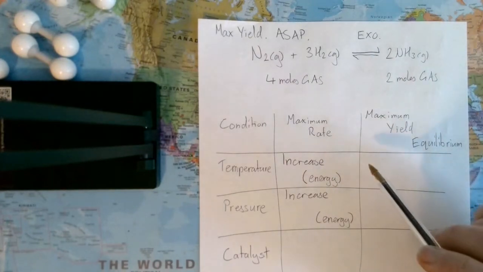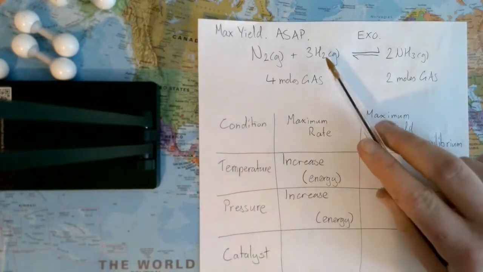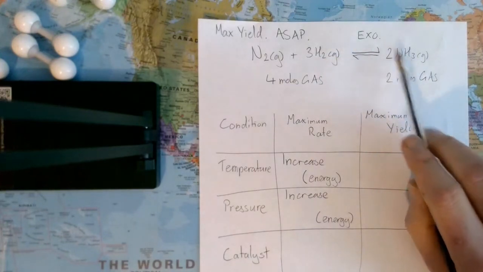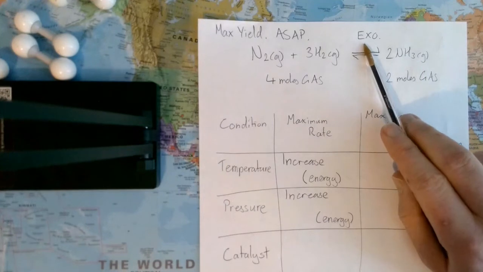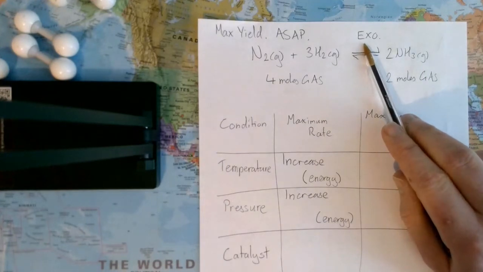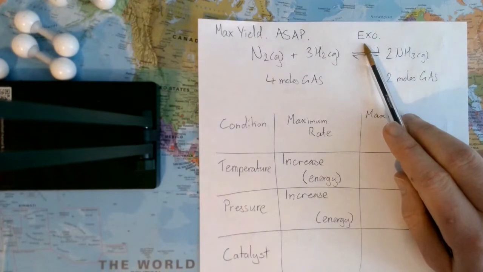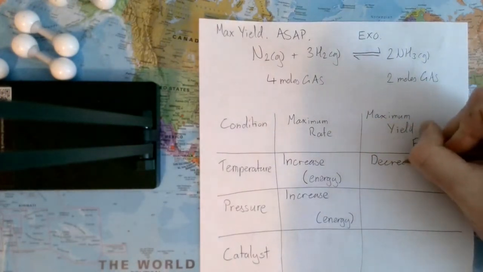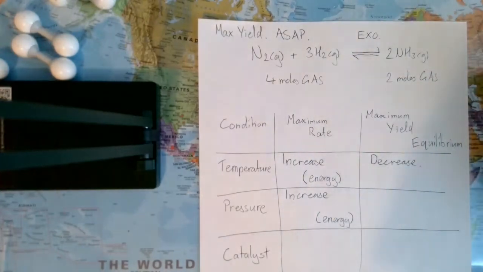So we have to kind of use reverse psychology here. We want this reaction to move to the right. The forward reaction is exothermic, which gives heat out. To get the reaction to give heat out, we have to decrease temperature.